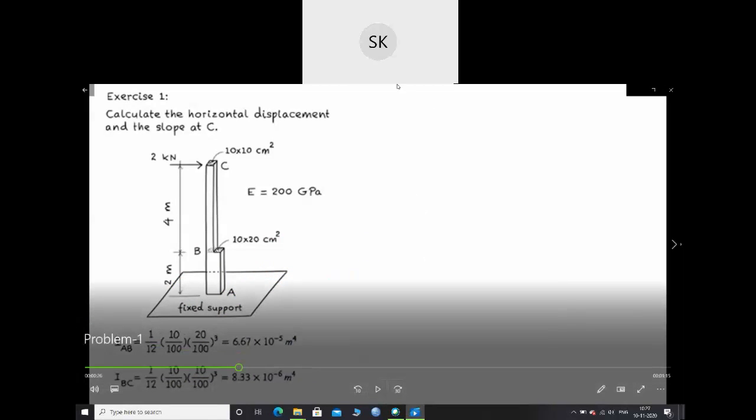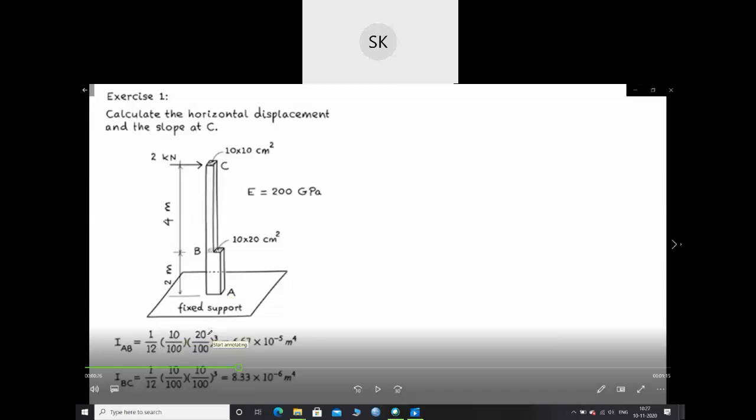So they have found out the I value for AB, that is 1 by 12 BD cube. Your B, the width, is 10, D, the depth, is 20. So BD cube by 12. They've converted the centimeter into meter. That's why it is like this. So I got I_AB, the moment of inertia for this member AB. It is 6.67 into 10 to the power minus 5 m^4.